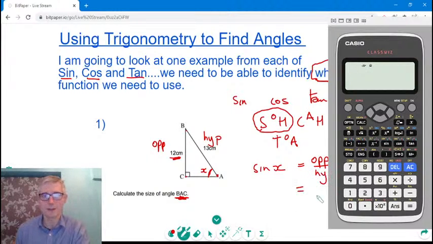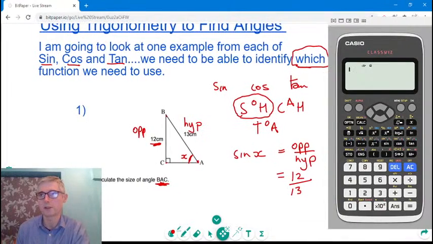Then we can replace the opposite by 12 and the hypotenuse by 13. I'll move the page over slightly so you can see what I've done there.